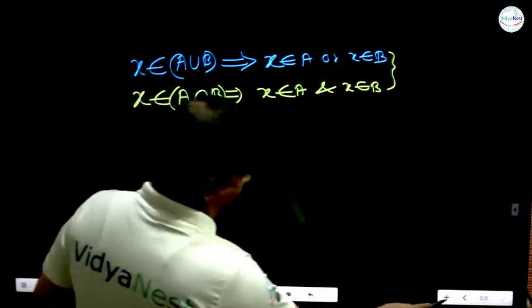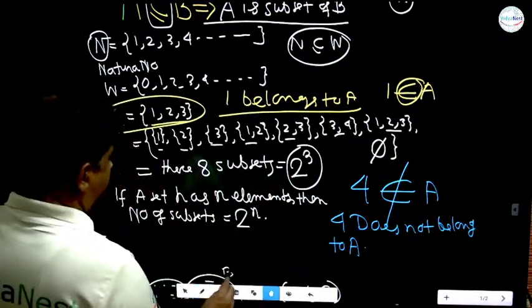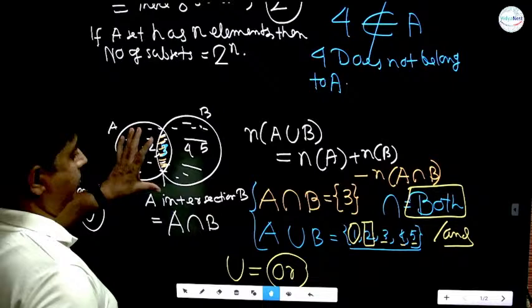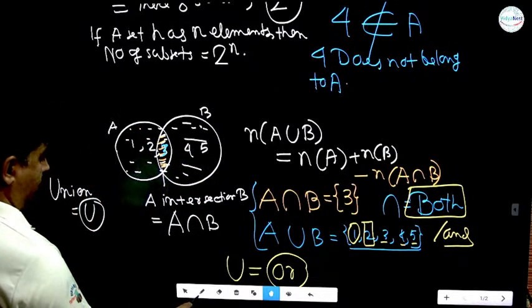Now, this diagram which I have drawn a few minutes back is called Venn diagram.